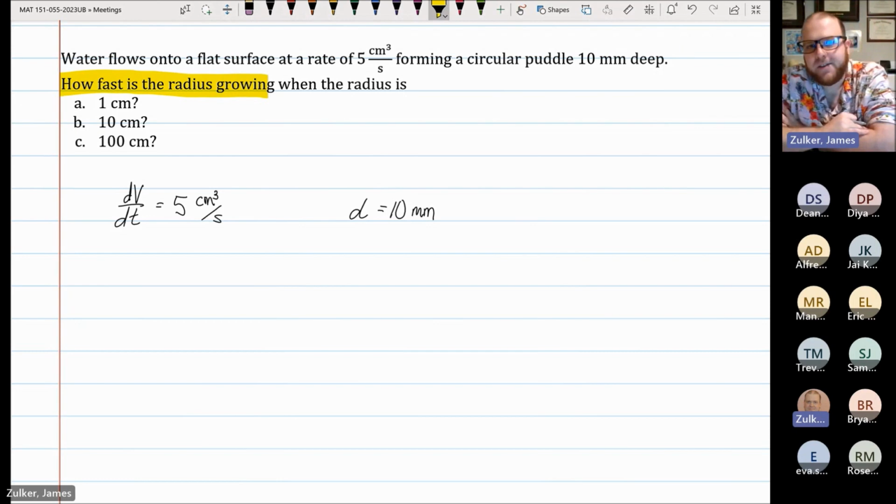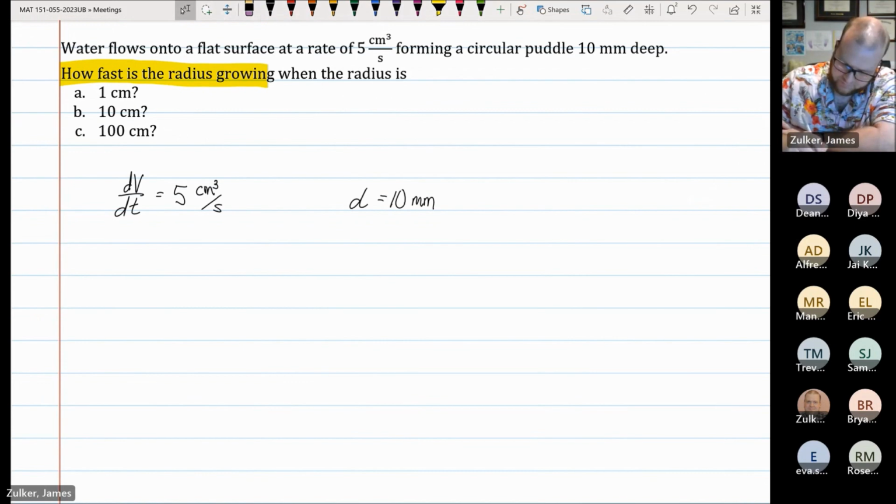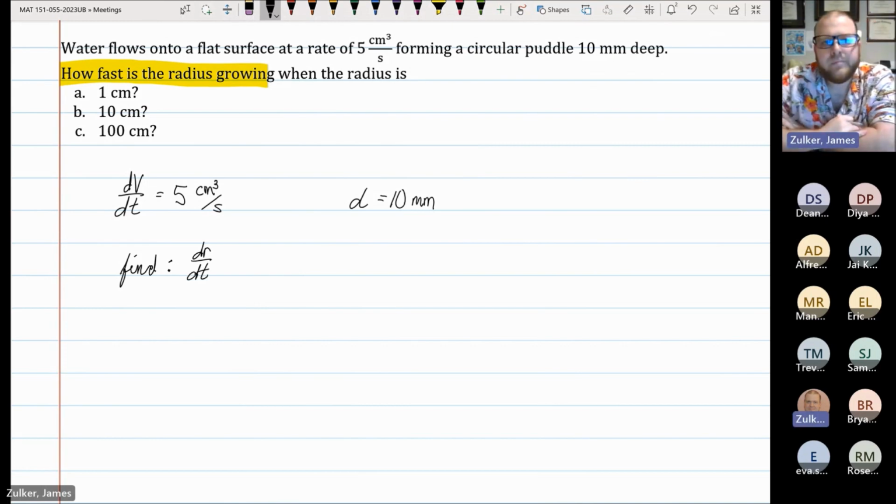And that's what we want to find. So how fast is the radius growing? Well, that is a rate of change of radius. Specifically, when the radius is equal to some value r naught.